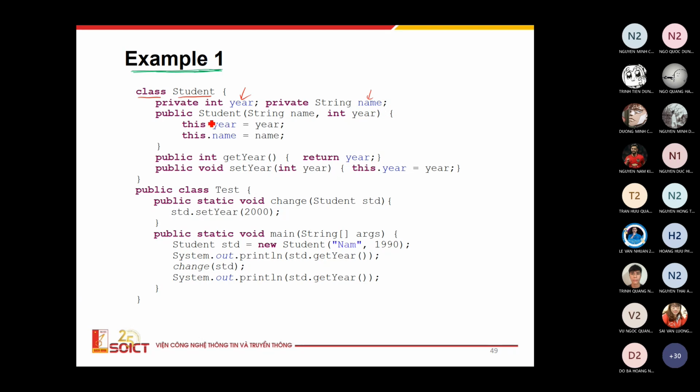Who remembers what we have here? A method with a name like the class name. So this is the constructor. And then what do you have here? You have 2 other methods, get and set methods.